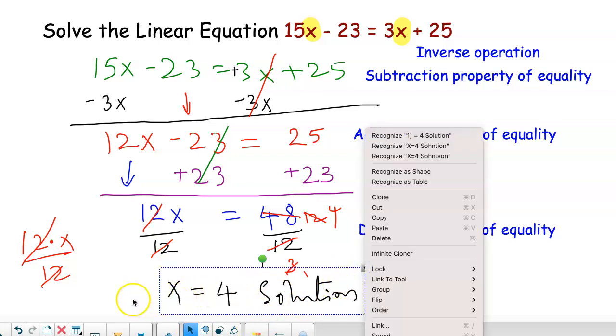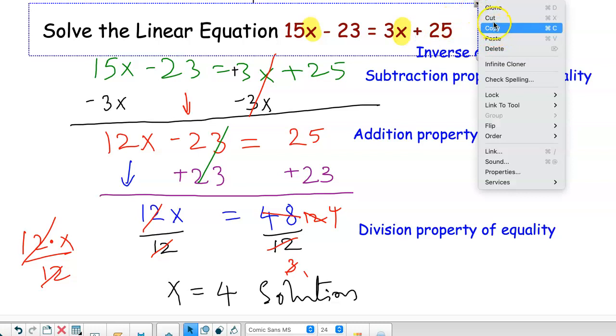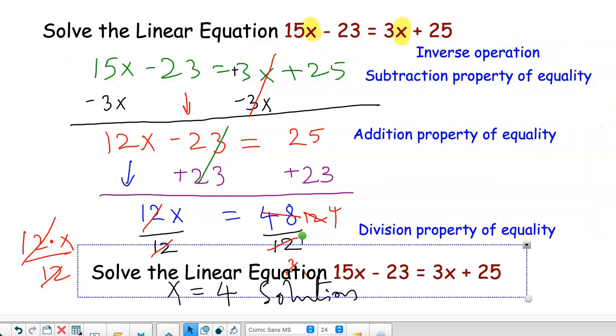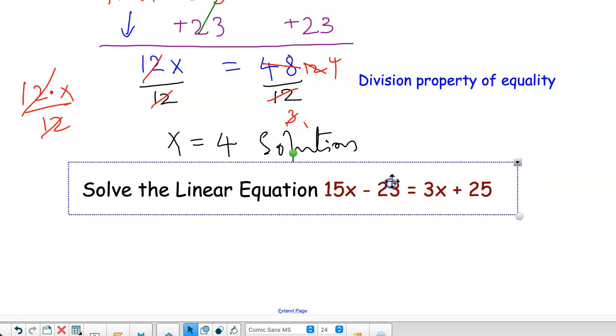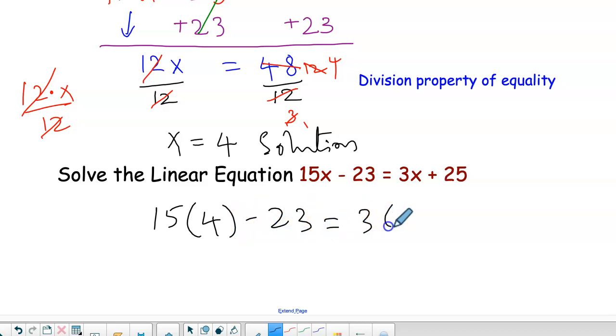And like I showed before, you can even substitute this value of x in this expression and verify your result. Verify that your x is the right answer. Let me show it to you right now. Alright, so x is equal to 4, right? Take 4 in this expression. 15 times 4 minus 23 is equal to 3 times 4 plus 25.